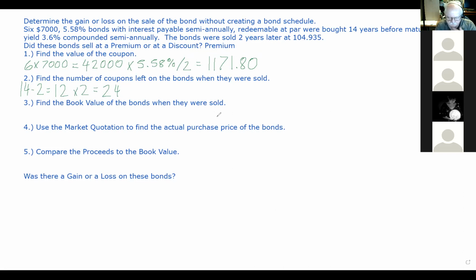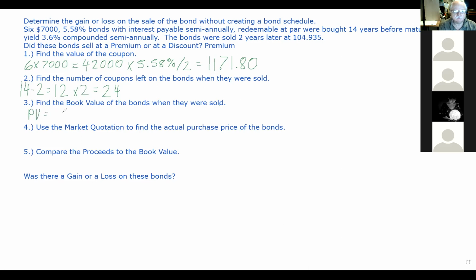In order to find the book value of the bonds, we have to do 2 calculations. It says a 2-step process. We have to find the present value of the bond and the present value of the coupons. So let's do these 2 calculations.